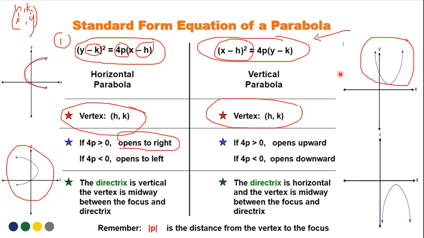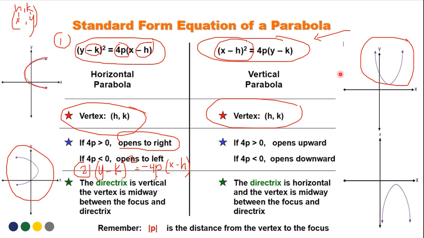Ibig sabihin, yung pangalawa natin dito na formula, just simply add negative. y minus k squared is equal to negative 4p quantity of x minus h. Tandaan, sa circle, meron siyang squared na dalawa. Pero sa standard form ng parabola, iisa lang po yung may squared.